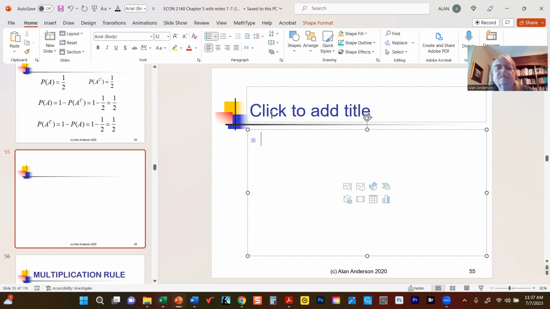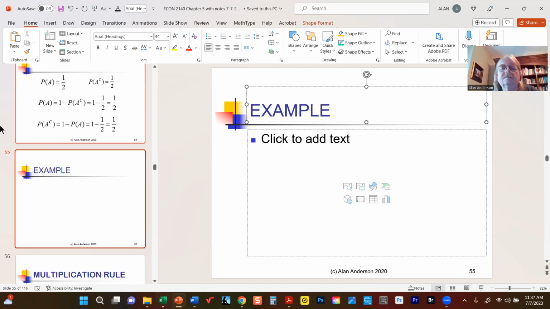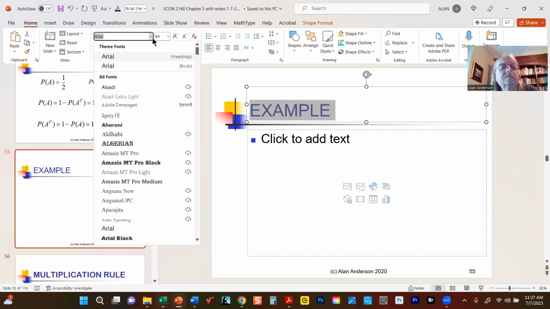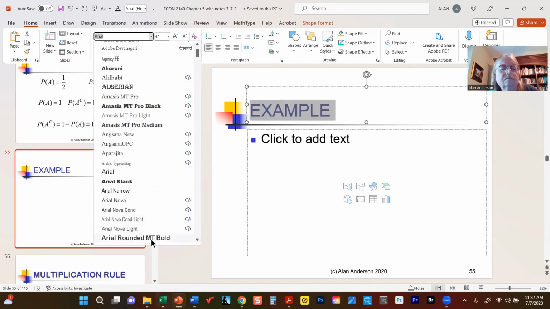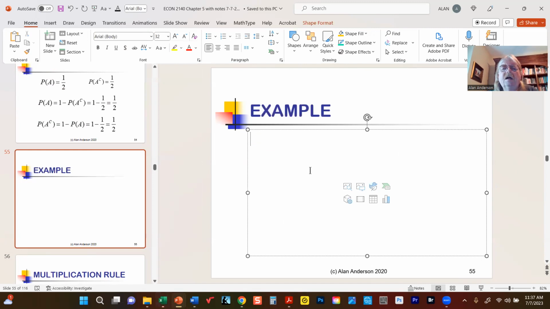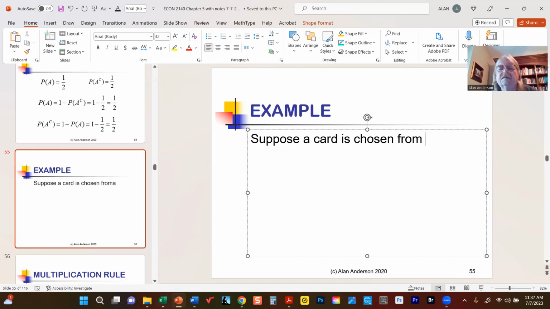Suppose a card is chosen from the deck. A equals the event that it's a royal card.